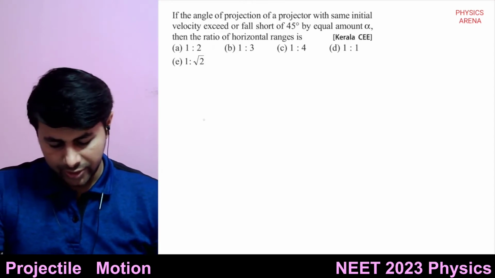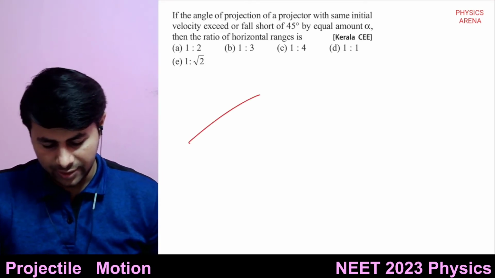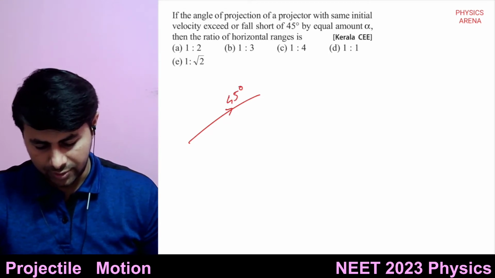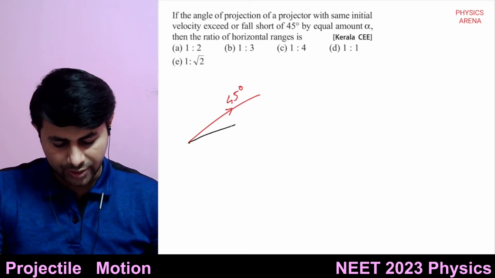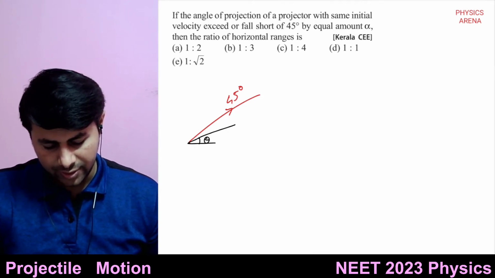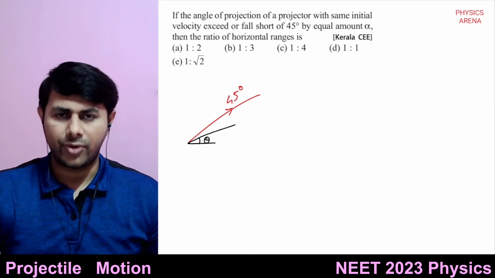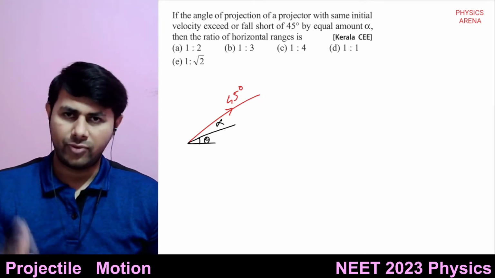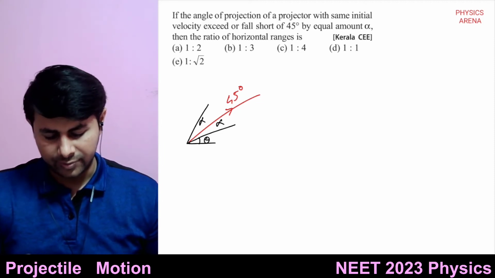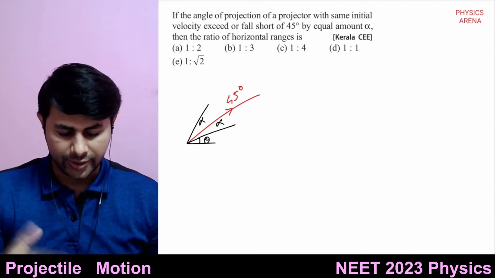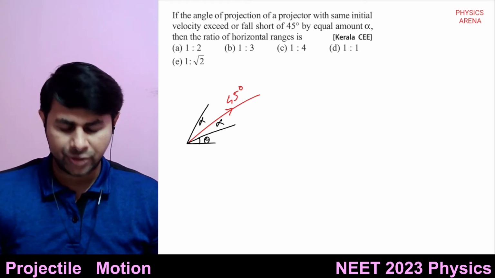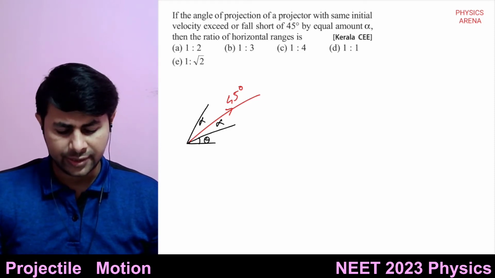What's given in the question? Projectile, this is 45 degrees. The angle of projection is either 45 minus alpha or 45 plus alpha.